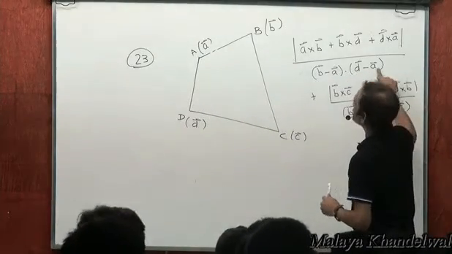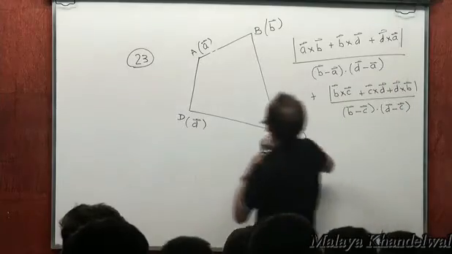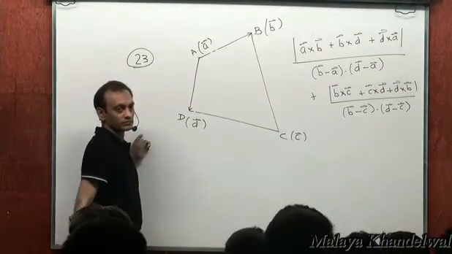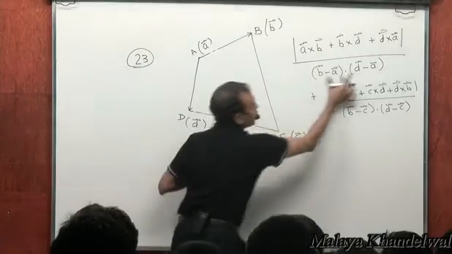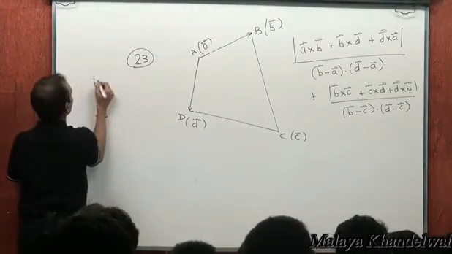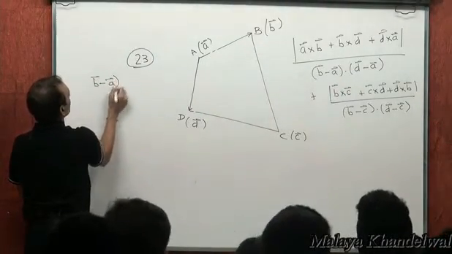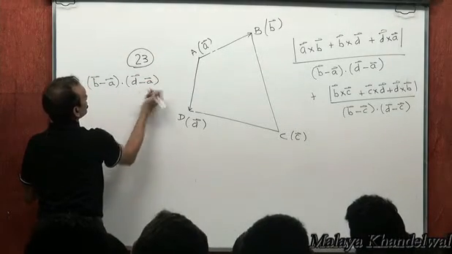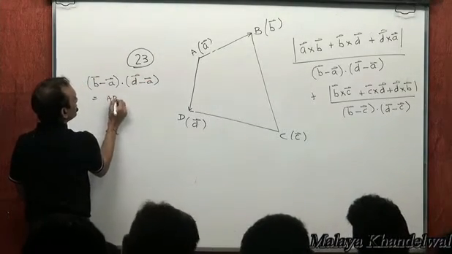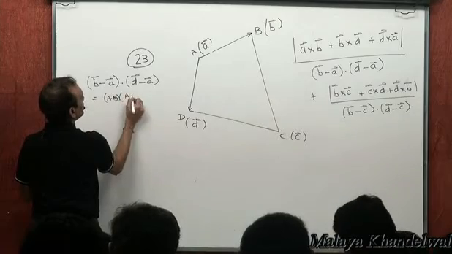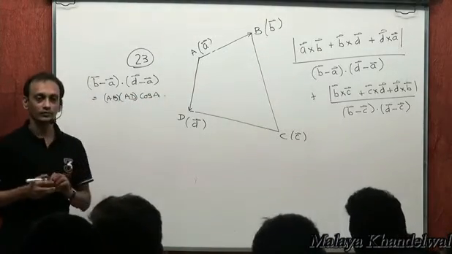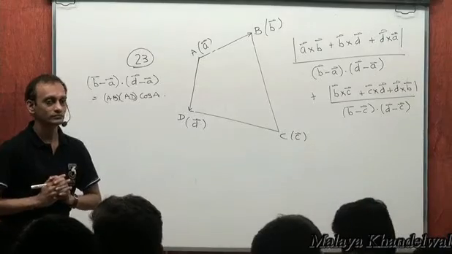B minus A dot D minus A is what vector? B minus A is this vector and D minus A is this vector. If I took the dot product of these two, B minus A dot D minus A, then I'll get AB into AD into cos A. Right?